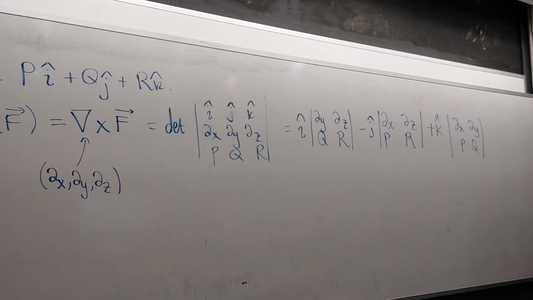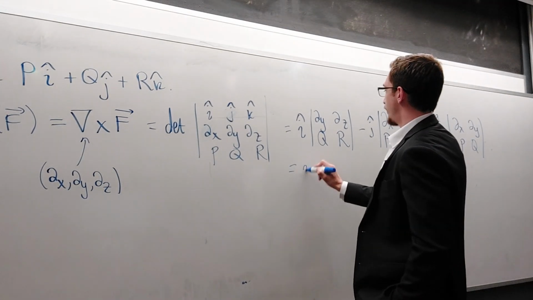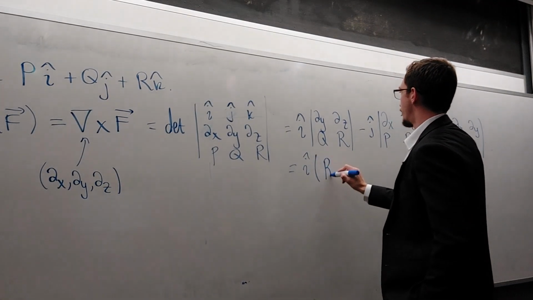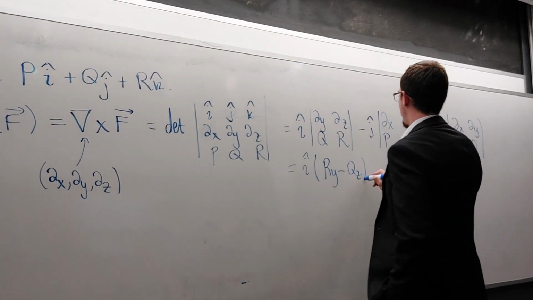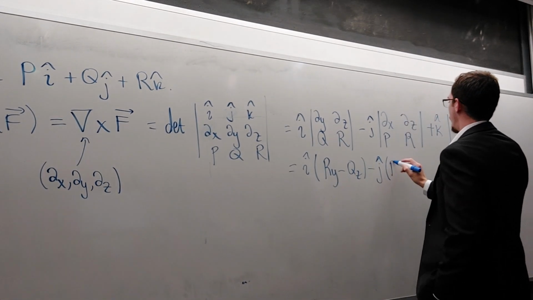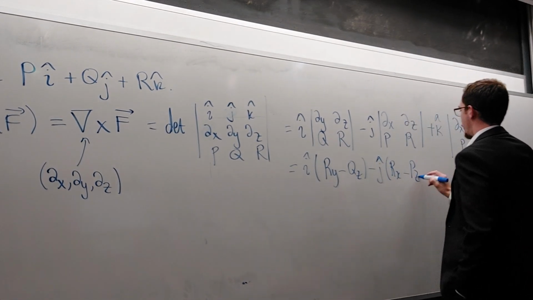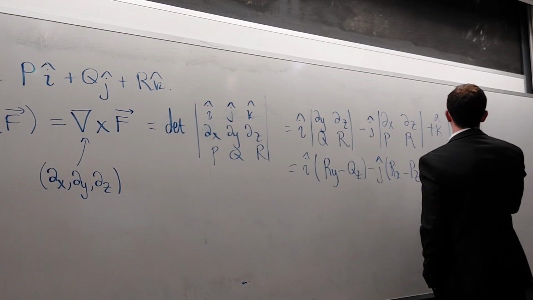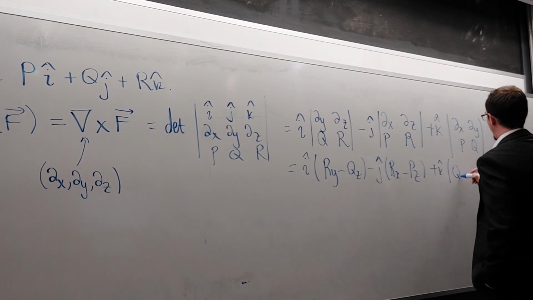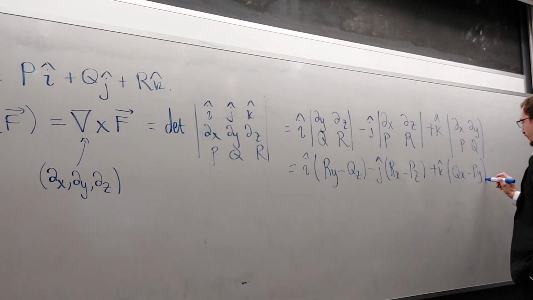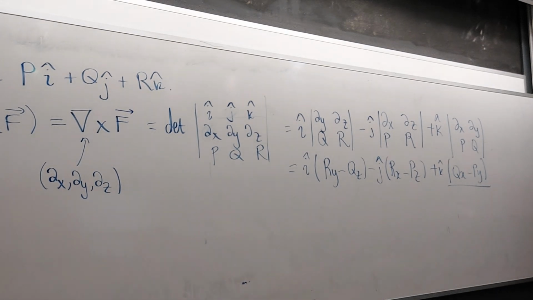This is what we would have learned last semester. And then just for completeness, this is (ry minus qz) i, minus j times (rx minus pz), and k times (qx minus py). What does that look like?